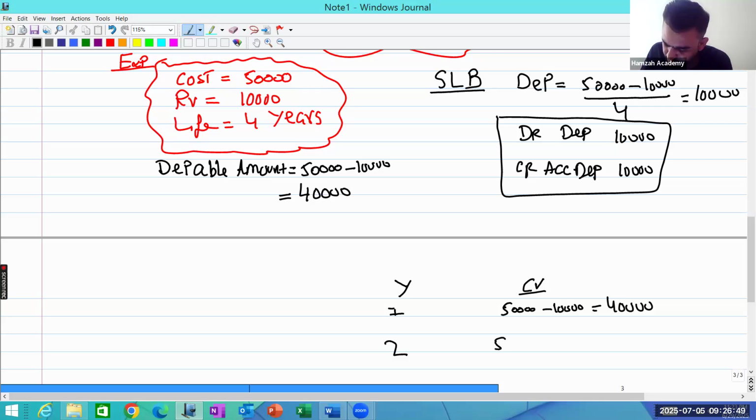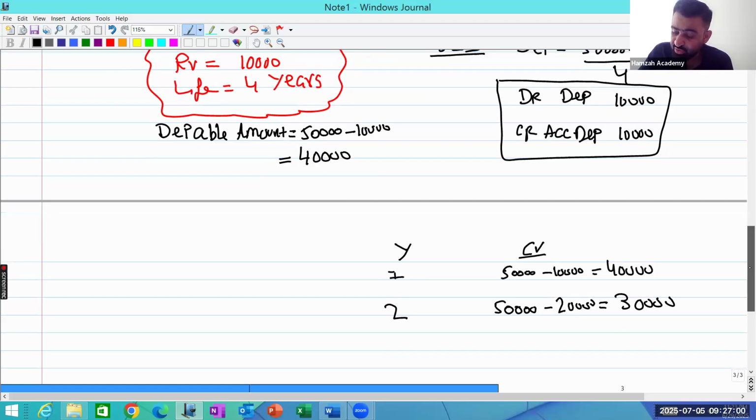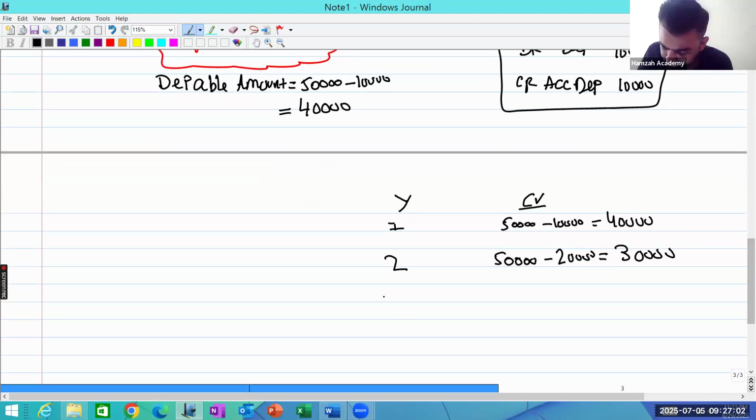In year two, the carrying value will be 30,000. In year three, accumulated depreciation will be 30,000 and carrying value will be 20,000.